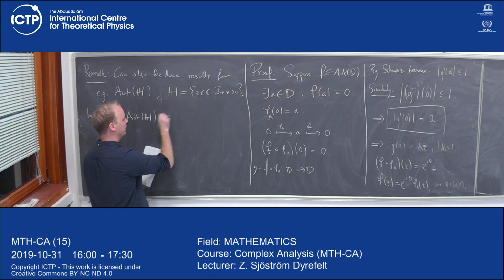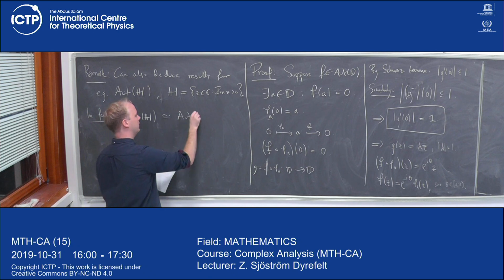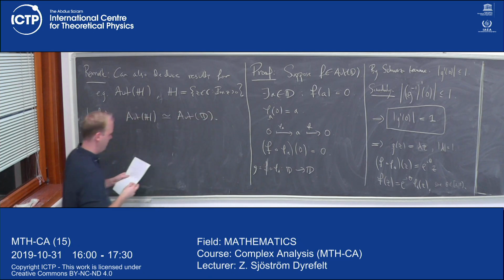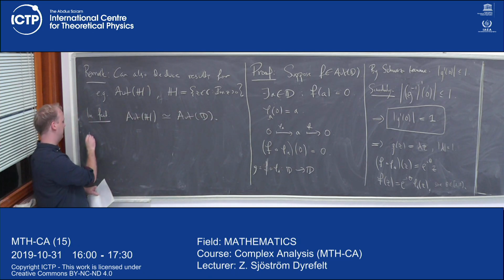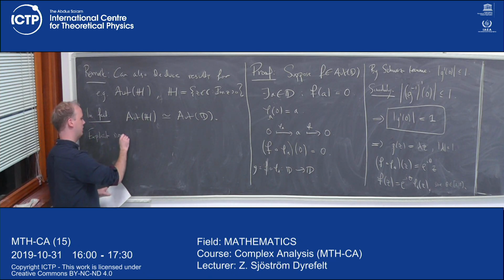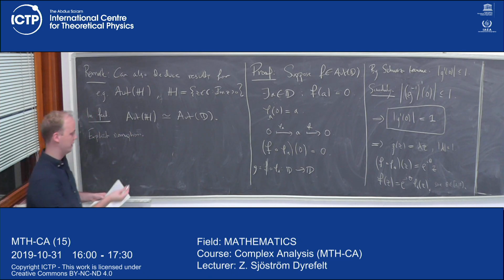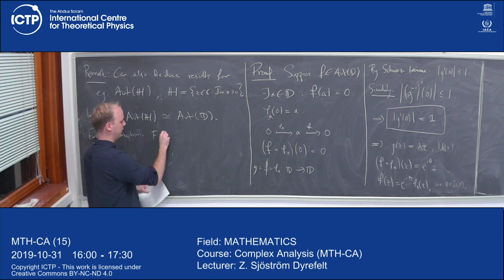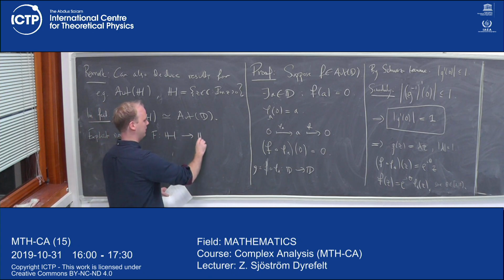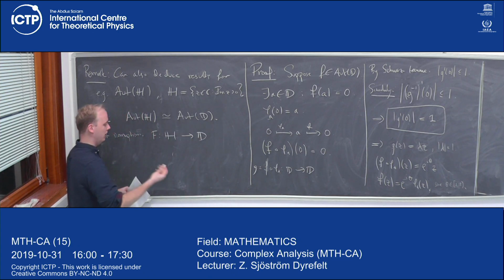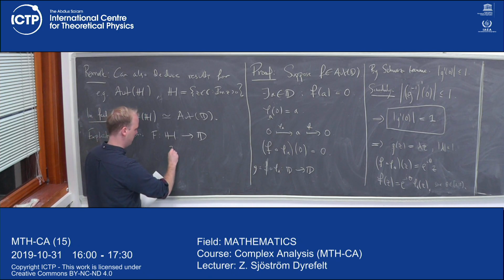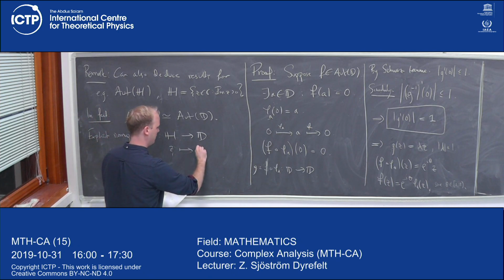So actually these groups are even isomorphic. And the explicit isomorphism, just as you said, is given by considering first of all F that maps H to D, which sends z to z minus i over z plus i, right?